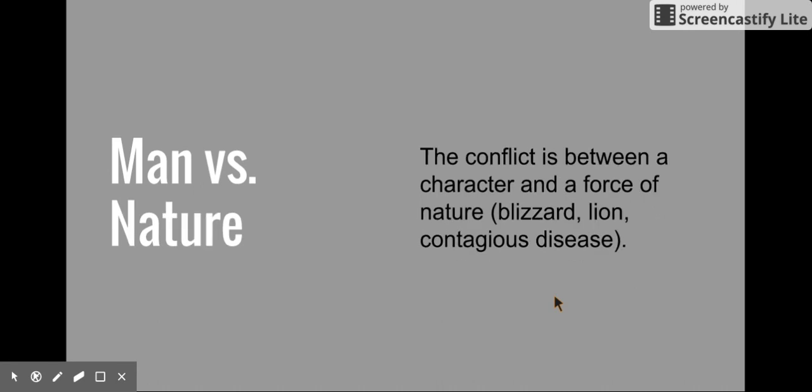The second external conflict we're going to talk about is man versus nature. So this is between a character and a force of nature. Perhaps a blizzard occurs, or they're being chased by a lion, or trying to survive a contagious disease. All of these things that are naturally occurring but are causing difficulty for a protagonist.